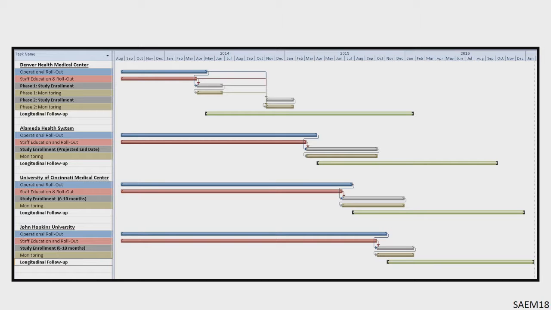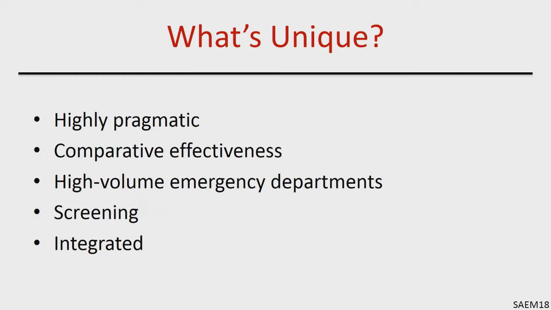Reading down the left-hand column, we started at Denver Health as the principal site, and then went to Highland, and then the University of Cincinnati, and then Johns Hopkins in sequence. There was over-enrollment at one point where all 3 sites were overlapping in terms of enrollment, but this was a staggered start, and we'll talk in more detail about that shortly.